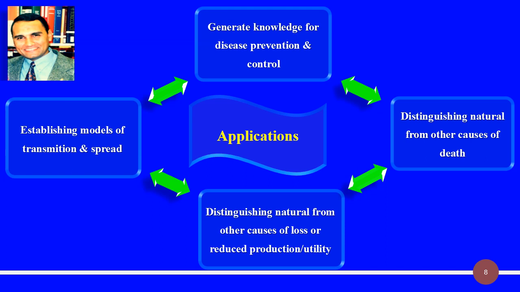Also, knowing causation is applied in establishing models of transmission and spread, and this was noted in the last epidemic of COVID-19, where by studying the characteristics of the virus, as it is transmitted through droplets and other excretions of infected humans, we use personal protective equipment such as masks, overhead shields, and gloves.